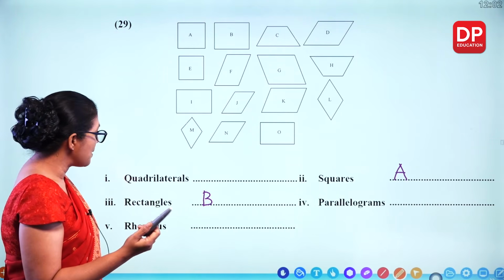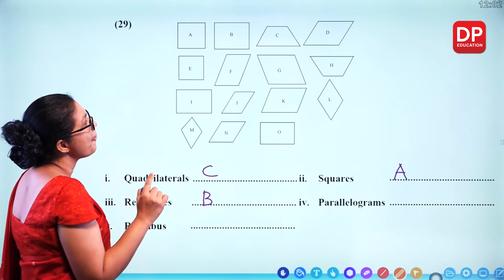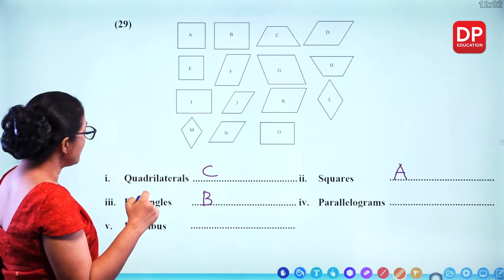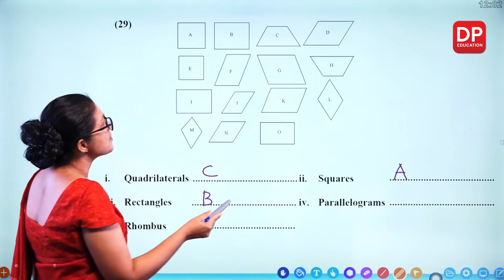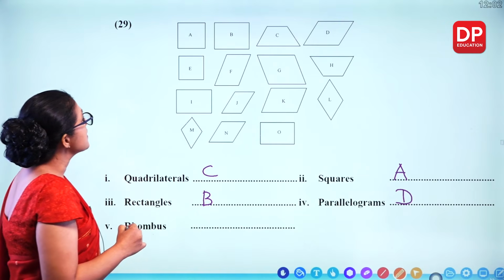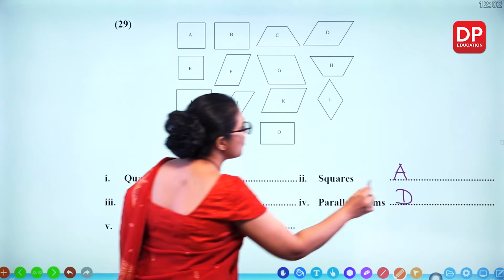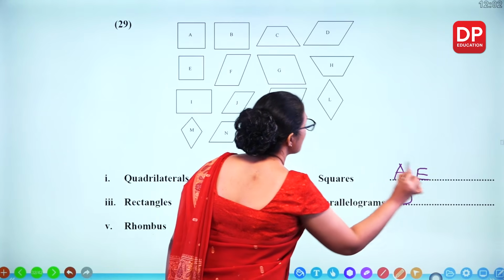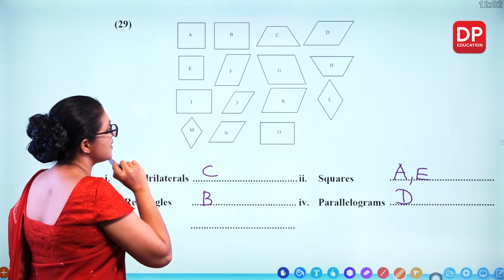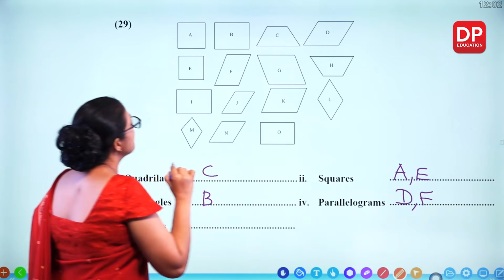That's a trapezium. Trapezium is a quadrilateral. D is a parallelogram. Parallelograms are there, so we can label as parallelograms. E, a square, all sides are equal. F, it's like a parallelogram. Sides are not the same.